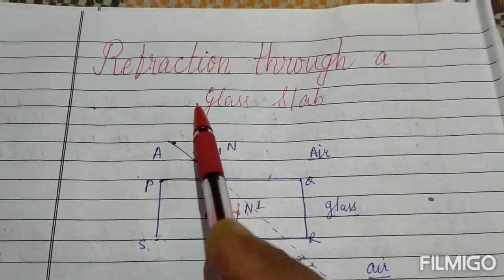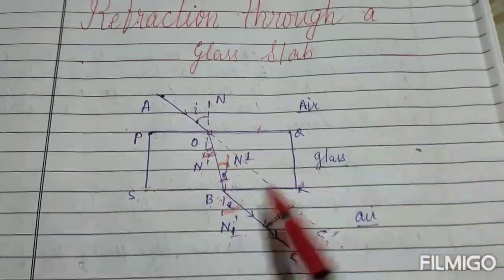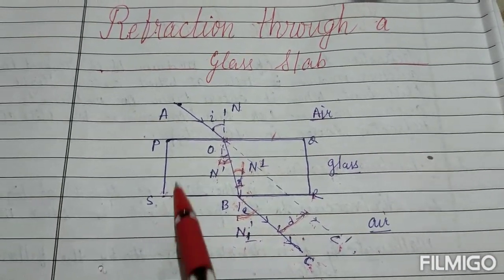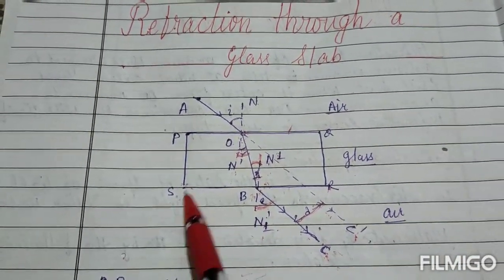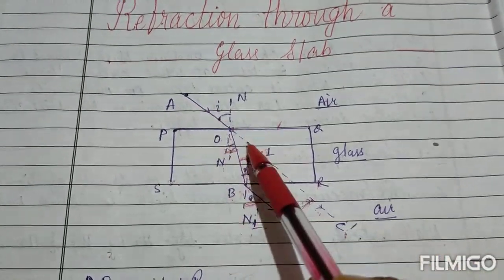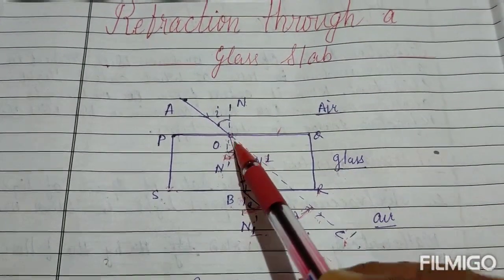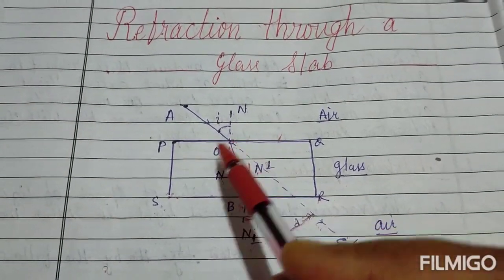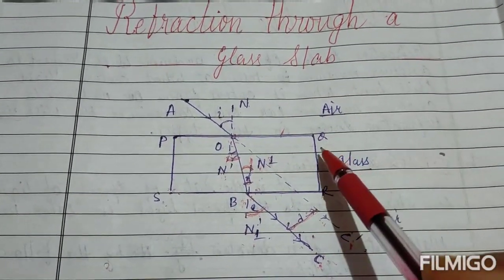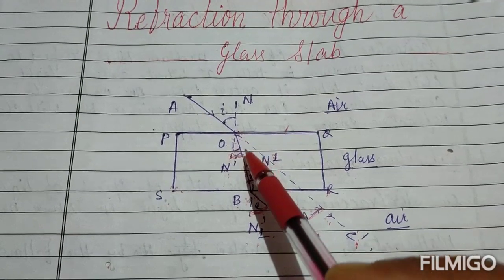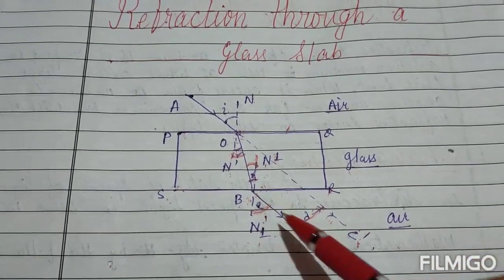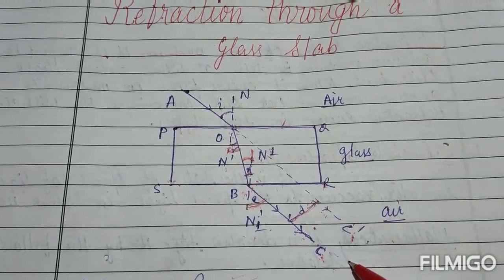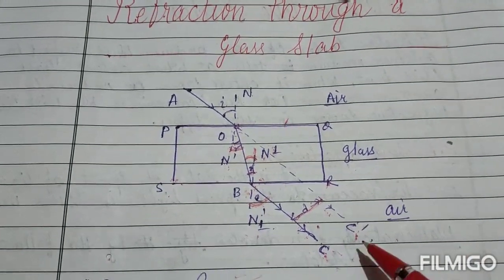Now, refraction through a glass slab. I have taken PQRS as a glass slab, and AO is a ray which is incident on the edge PQ of the glass slab, and refracted like that, and then emerges as it is shown.